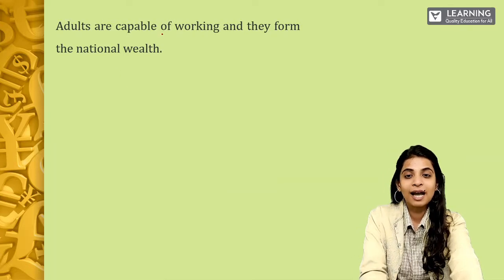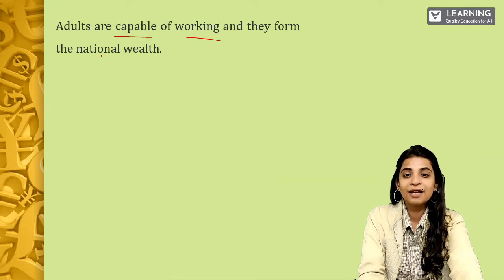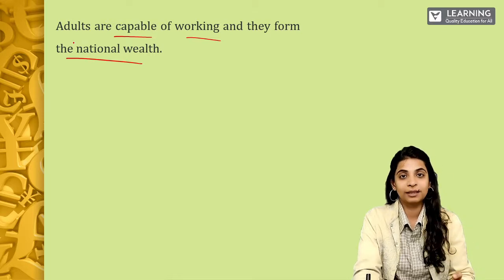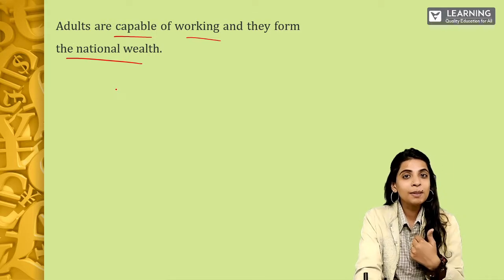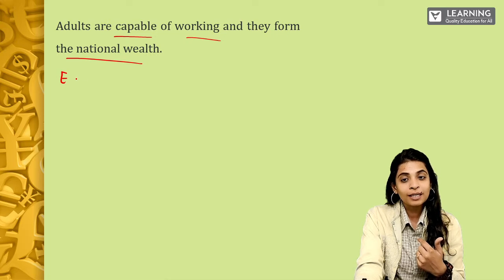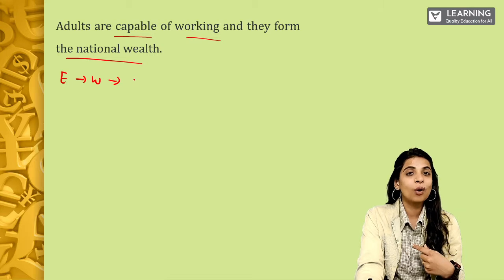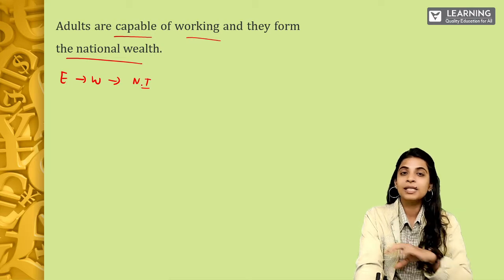Now adults, they are capable of what? Of working, and they form the national wealth. Obviously, if today I am employed and working, then I am earning my wages, I am earning some salary. If I am earning wages, then I am contributing to national income in simple terms.